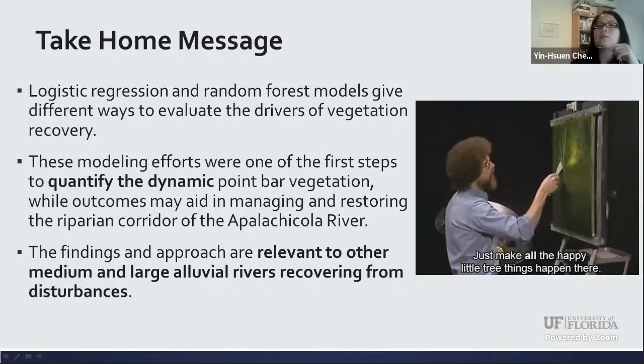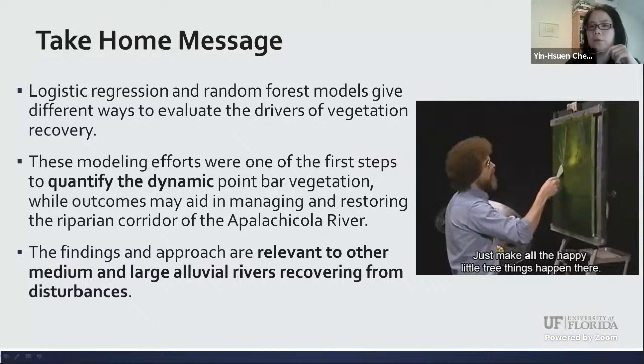But the random forest has a higher prediction rate, and it also gives you the importance of the contribution of each variable or driver to the recovery. So they're quite different, but I was very happy to see they have quite similar results.